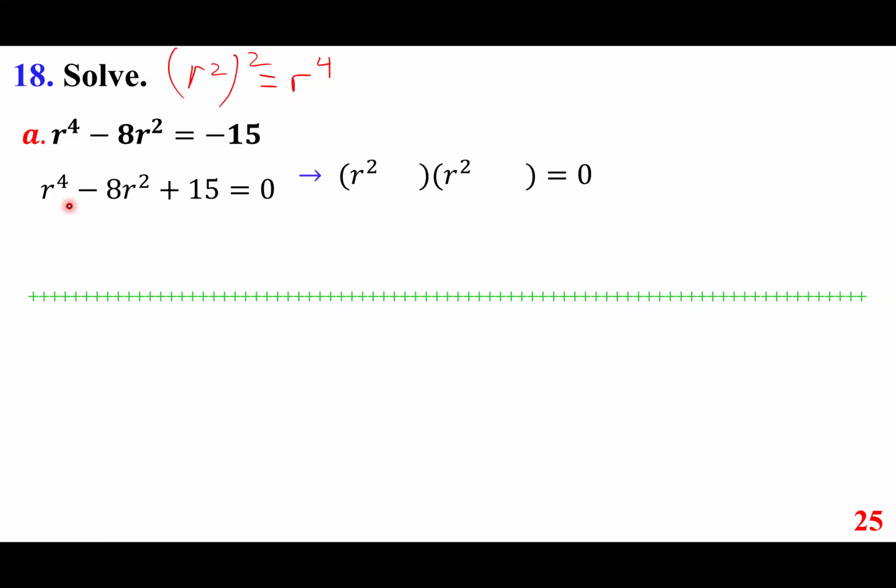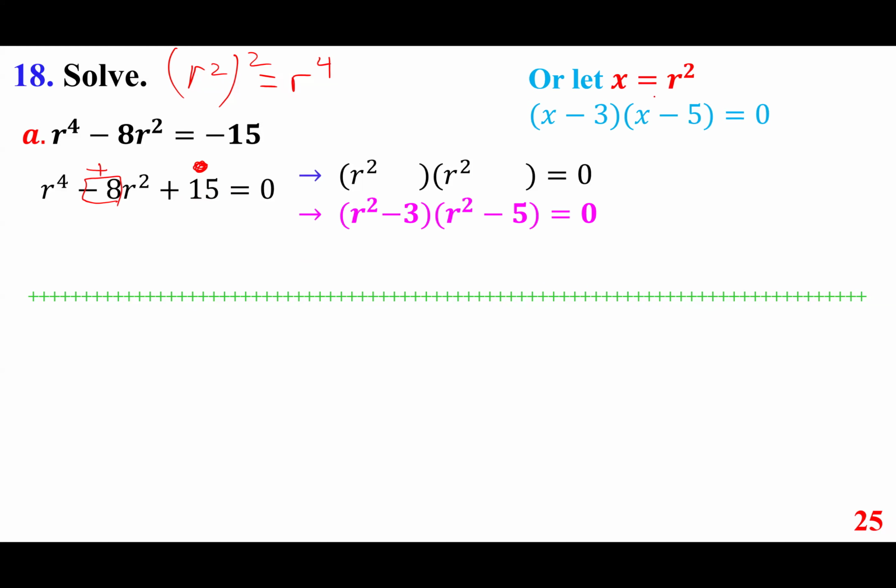R squared, and then you want two numbers, the product. This must be the product. This must be the sum. So negative 3 and negative 5. So you could do that, or if it helps, you can write x equals r squared, and then you have it in this format.